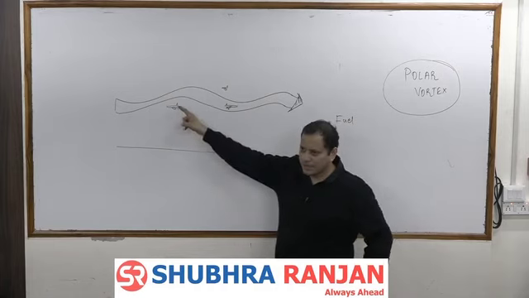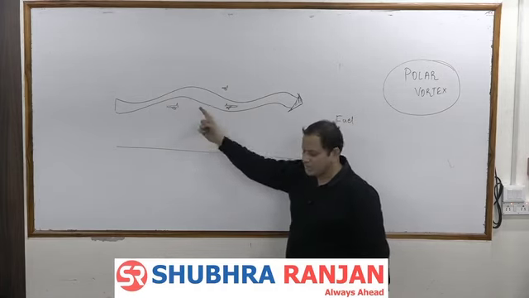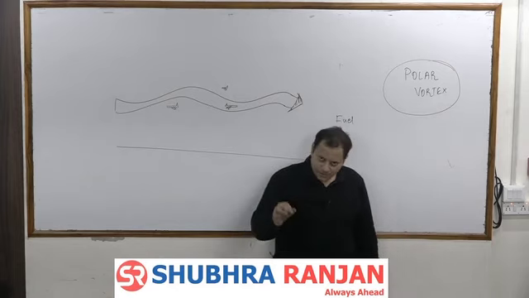Why vertical? Because it is going up and down. Why horizontal? Because it is mostly horizontal. Conclusion.